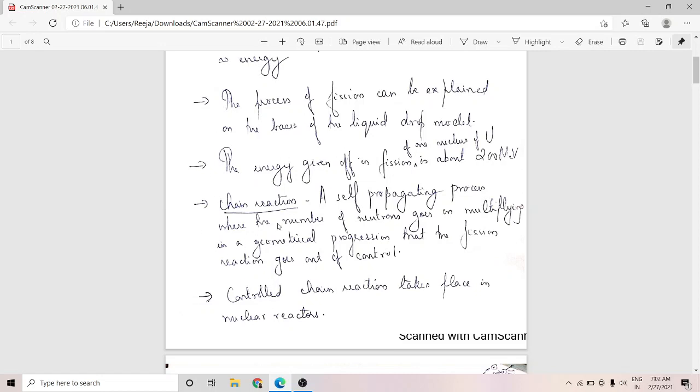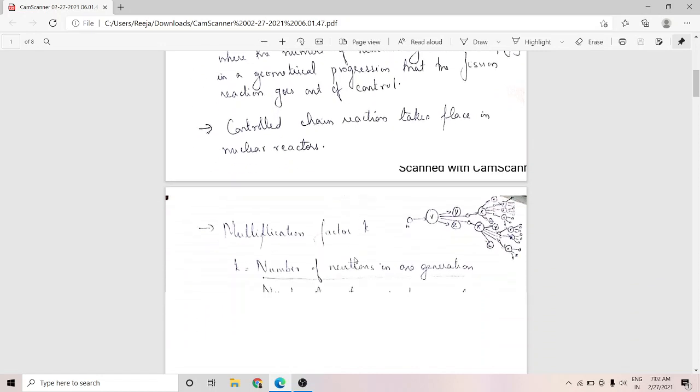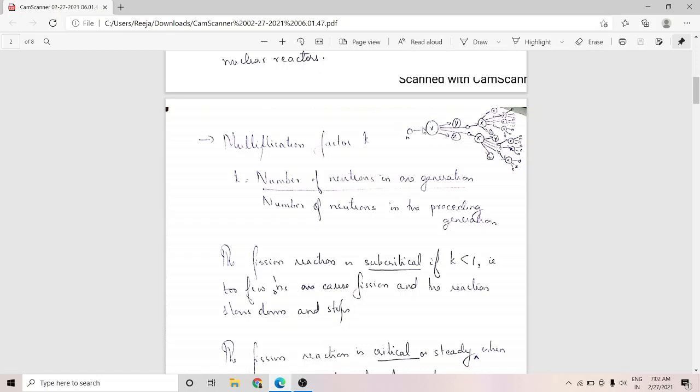The next term that you have to learn here is what is called a chain reaction. A chain reaction is a self-propagating process where the number of neutrons goes on multiplying in a geometrical progression so that the fission reaction goes out of control. That is, a slow neutron is captured by a heavy nucleus like uranium. It splits into two fragments together with the release of, say, two or three neutrons.